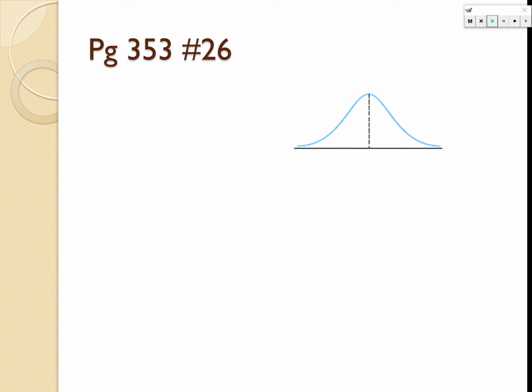So in 26, we have a study of the life expectancy of 500 people in a certain geographic region. The mean age at death was 72 years. The standard deviation was 5.3 years. If a sample of 50 people from this region is selected, find the probability that the mean life expectancy will be less than 70 years. So let's write down the information that we know. Capital N is your population size, and it says we have 500 people.